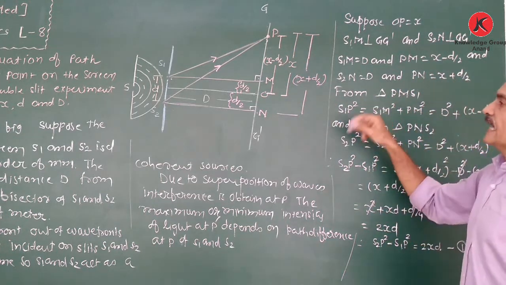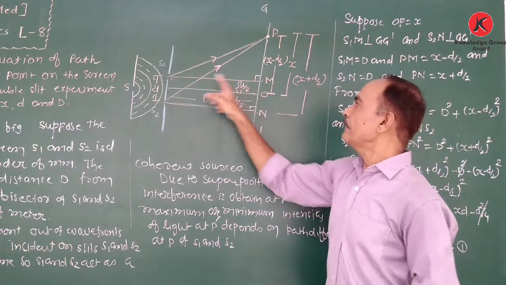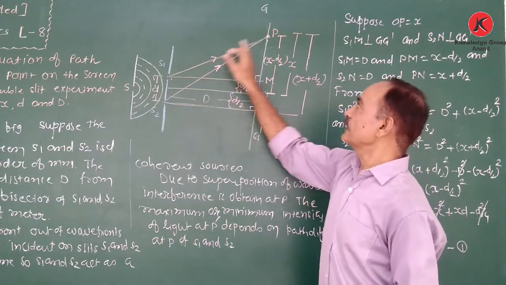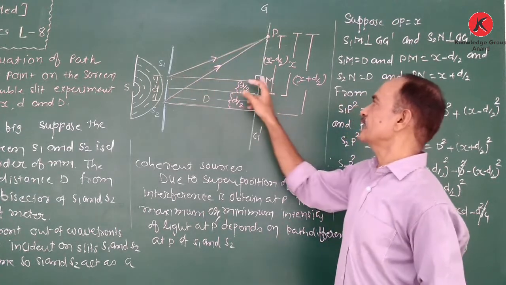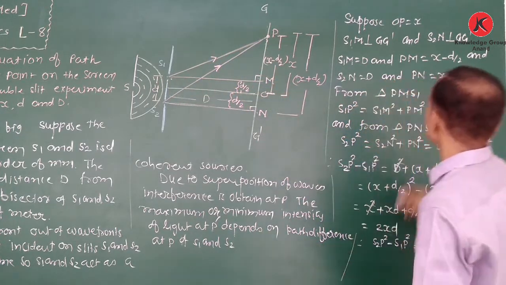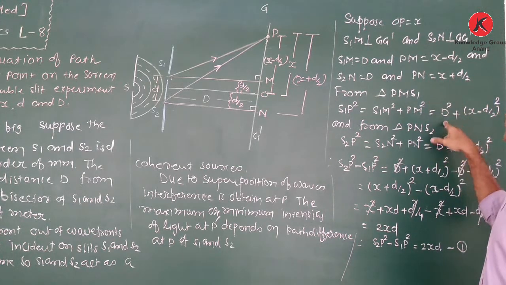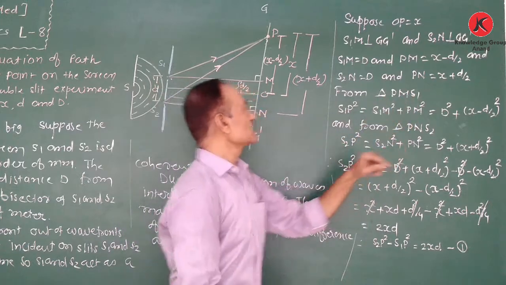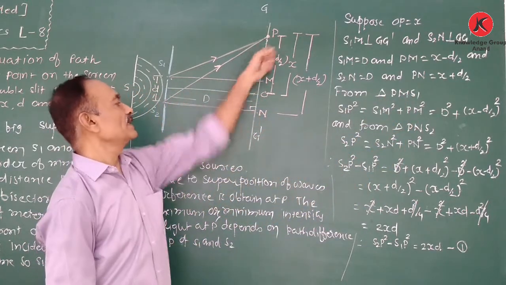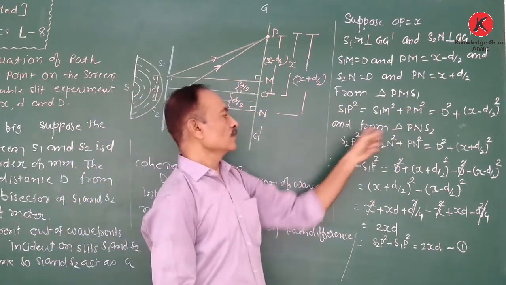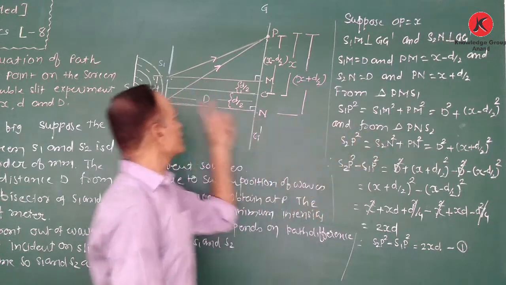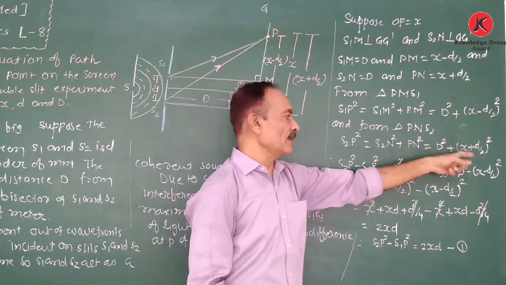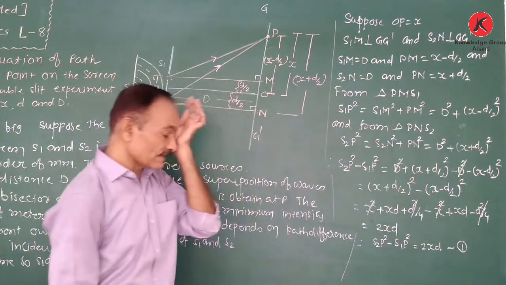Now, from the first triangle PMS1, S1P square is equal to S1M square plus PM square. We substitute the values: D square plus X minus D by 2 whole square. In the similar way, for the second triangle PNS2, S2P square is equal to S2N square plus PN square, therefore D square plus X plus D by 2 whole square.